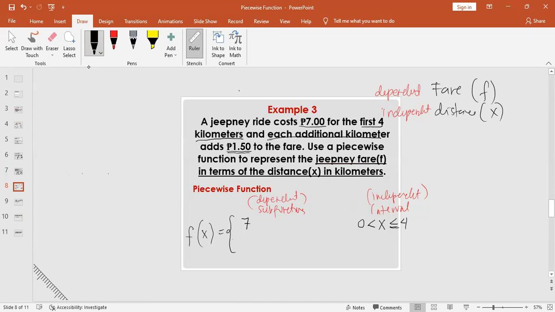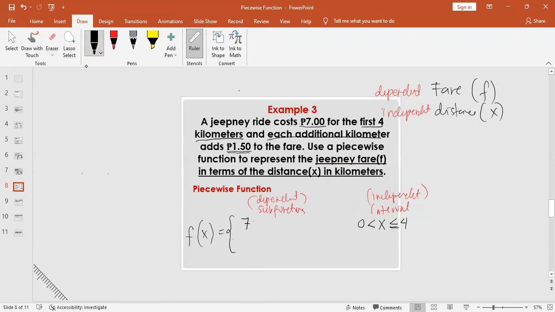Okay, ma'am. Do we need to put a variable here? What do you think? Sa tingin nyo, class, kunyari, nag-travel ka ng 2 kilometers, ilan nga yung babayaran mo? 7 pesos. Kasi nga, pag first 4 kilometers, 7 pesos lang yung babayaran.